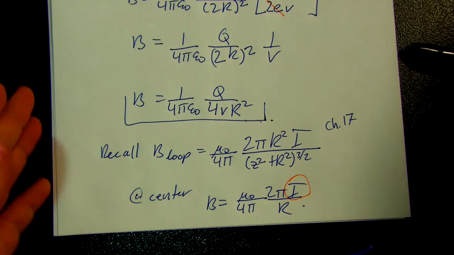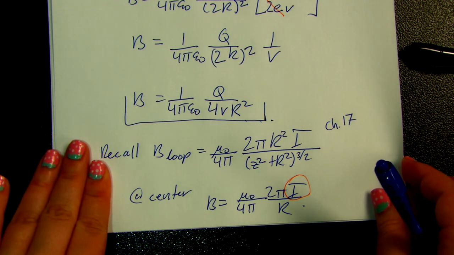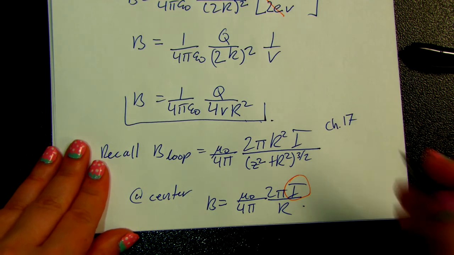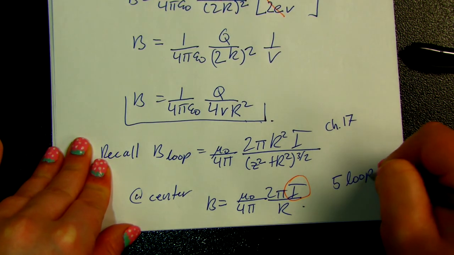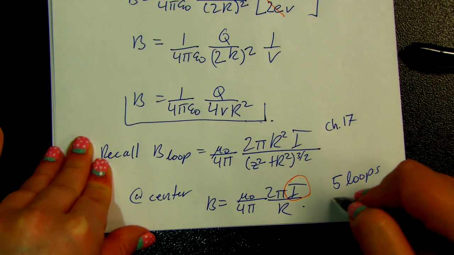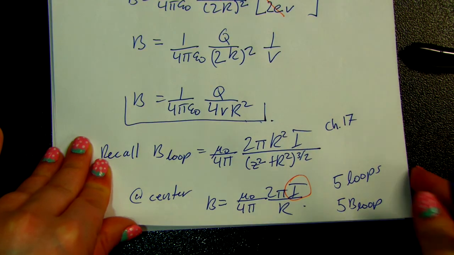So we can set these two equal to each other and go after I. One more thing to note: there are 5 loops, so we need to have 5 times B loop.